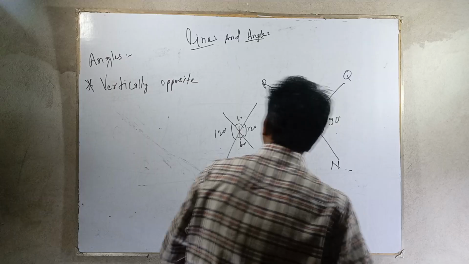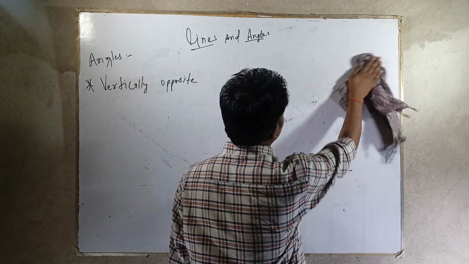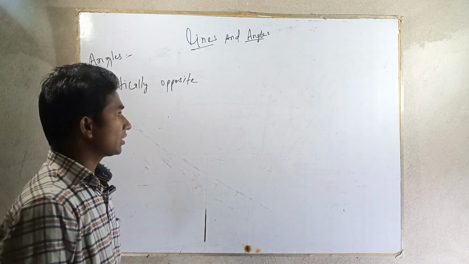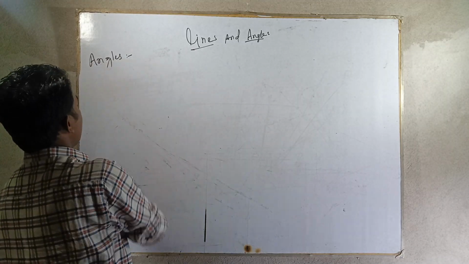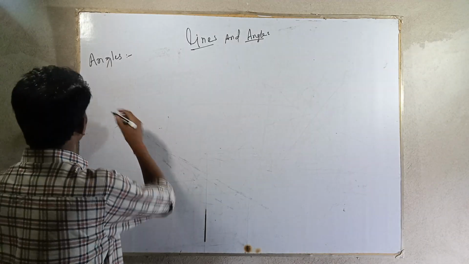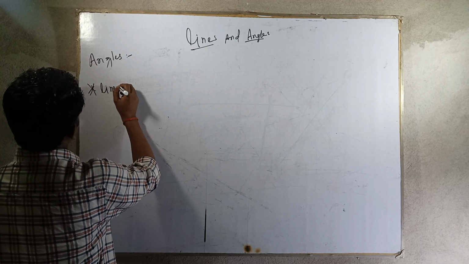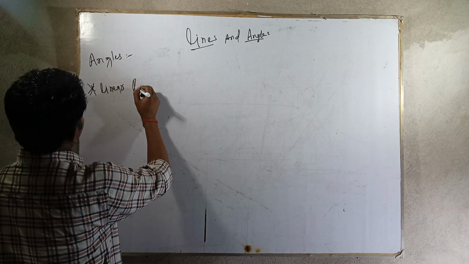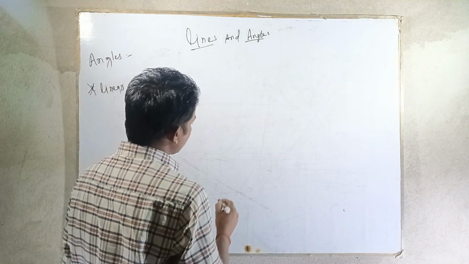Next is linear pair. I hope you are understanding whatever I am teaching on the board. Linear pair, what is the meaning of linear pair?